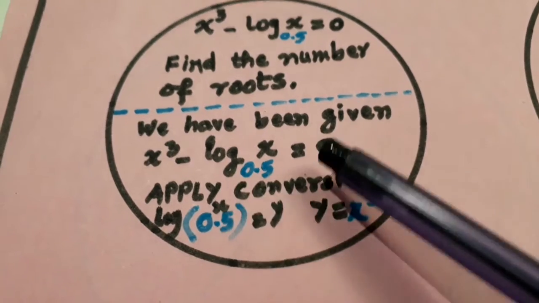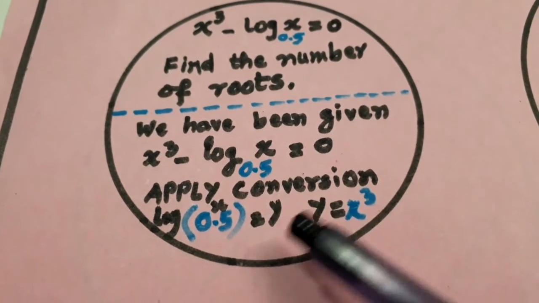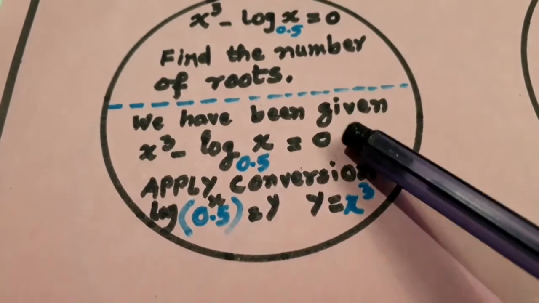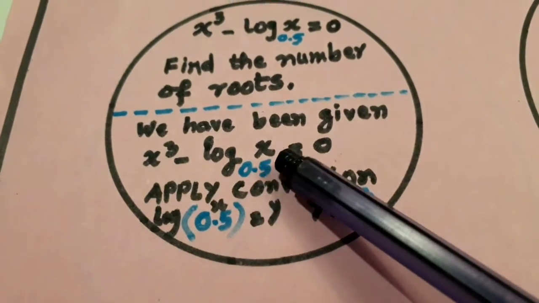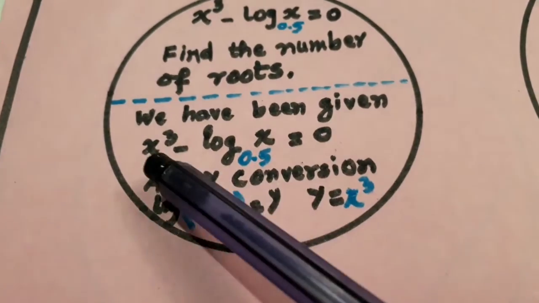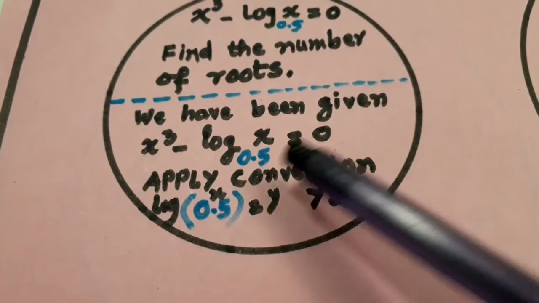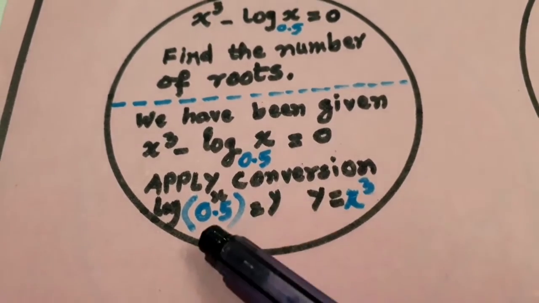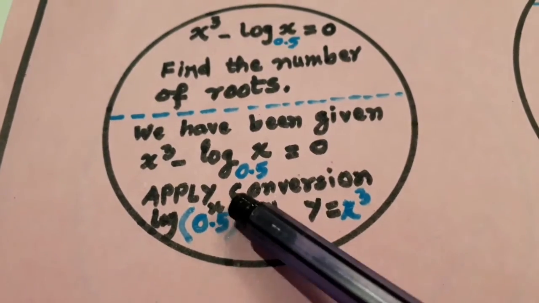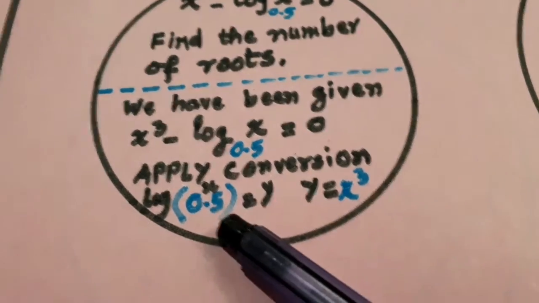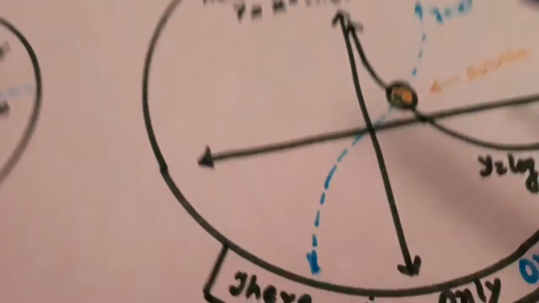Now put these two equal to y. This is the polynomial, put it equal to y. Y equal to x cube, and bring the log to the other side, it becomes plus. Y equal to log base 0.5 of x and y is equal to x cube. Now these became two curves. Draw their graphs.